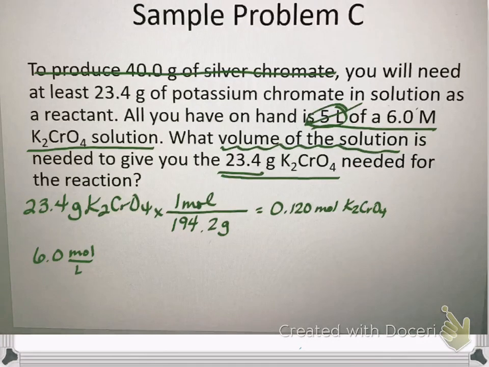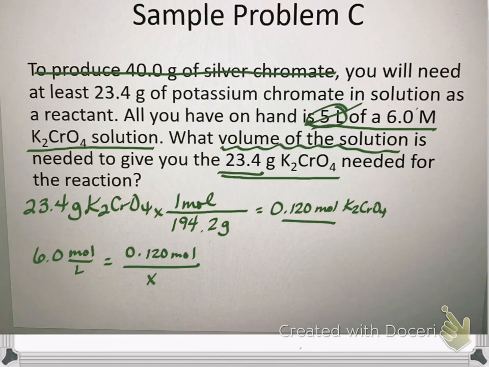And capital M molarity stands for moles per liter. So instead of putting a capital M, I could put moles per liter so that my units cancel out here in a second. I know the amount of moles I need, 0.120 moles, but I want to find the volume, right? I want to find liters, so that'll be my unknown this time.